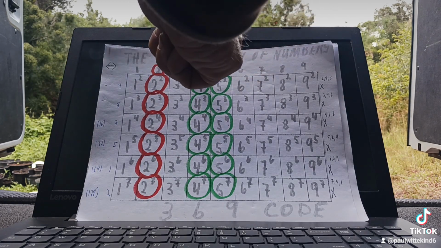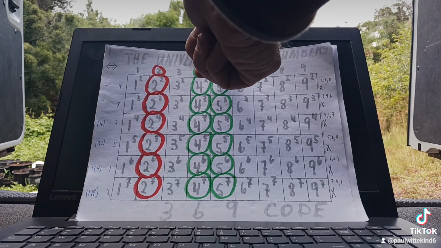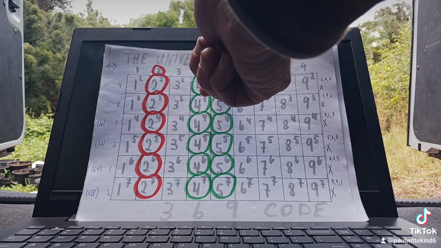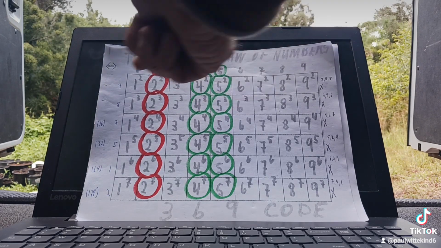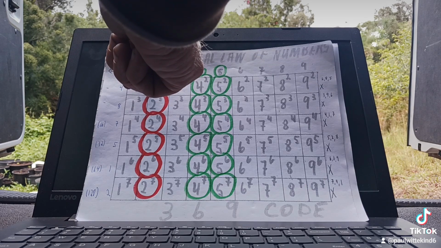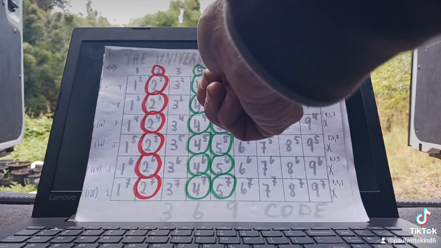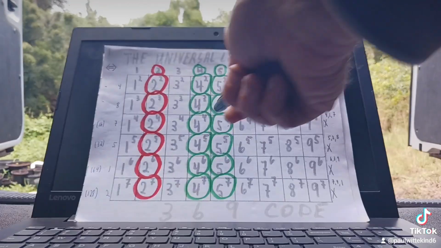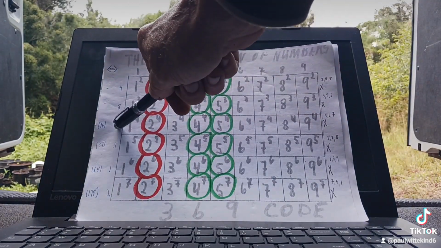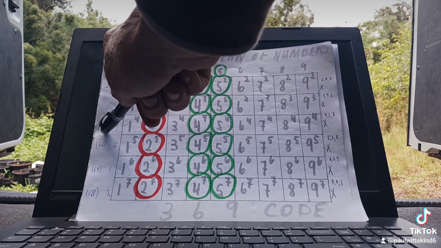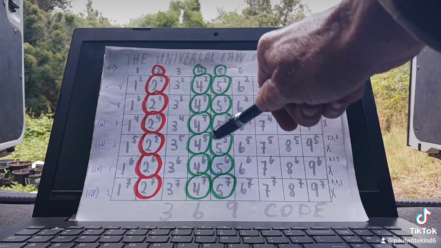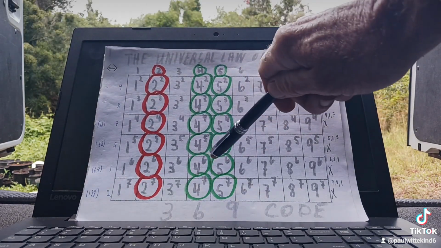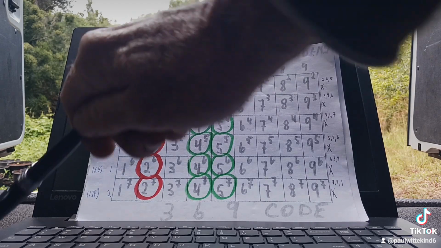In other words, 4 times 5 is 20, but 4 squared times 5 squared, which is 20 squared, is 4 with 2 zeros. 4 to the 3rd times 5 to the 3rd is 8 with 3 zeros. 4 to the 4th times 5 to the 4th is 16 with 4 zeros. 4 to the 5th times 5 to the 5th is 32 with 5 zeros. 4 to the 6th times 5 to the 6th is 64 with 6 zeros.